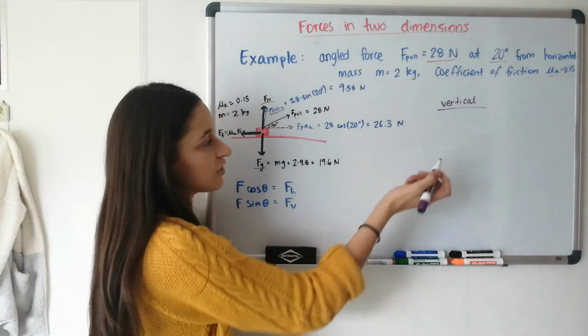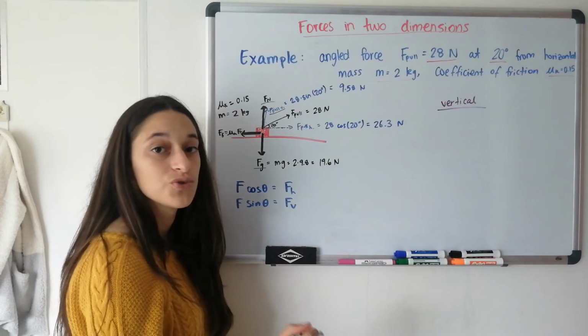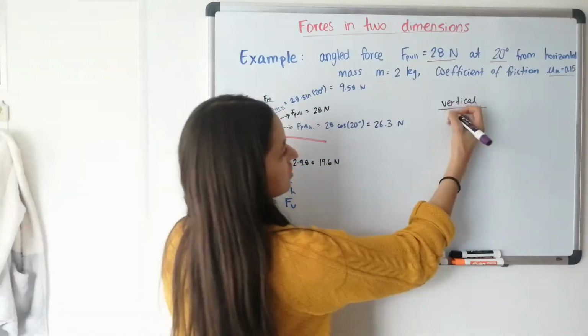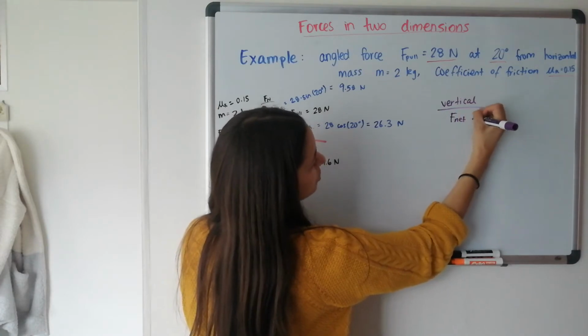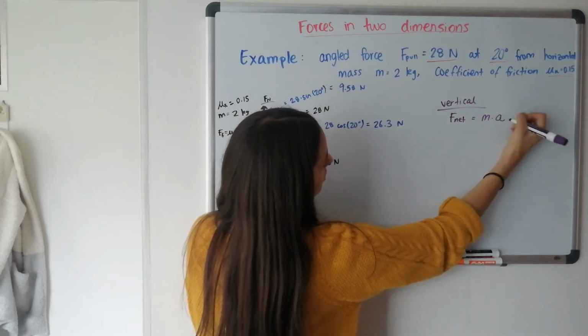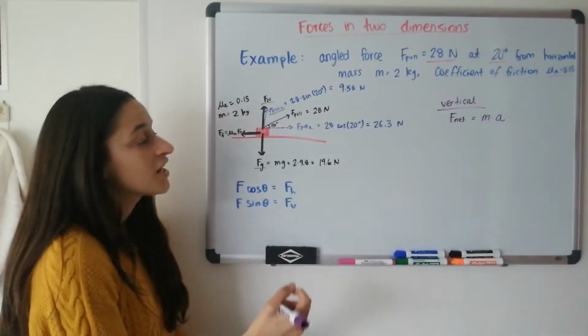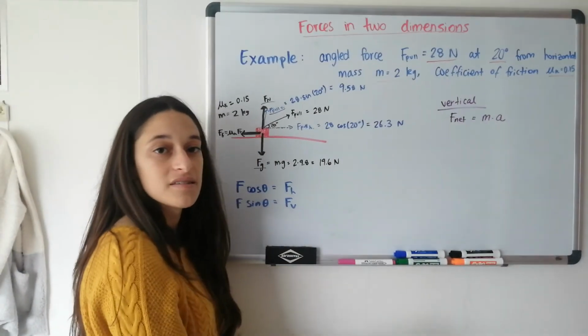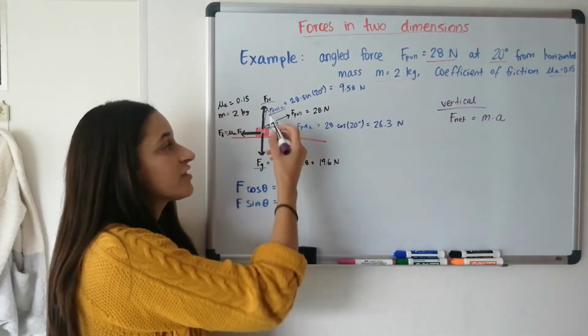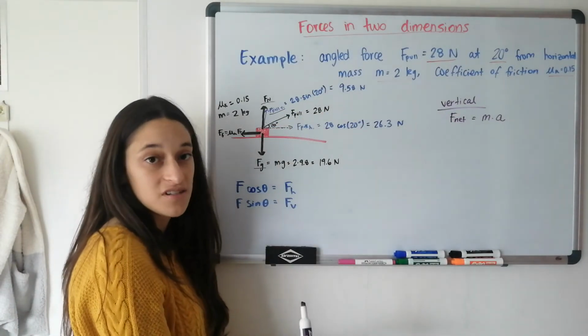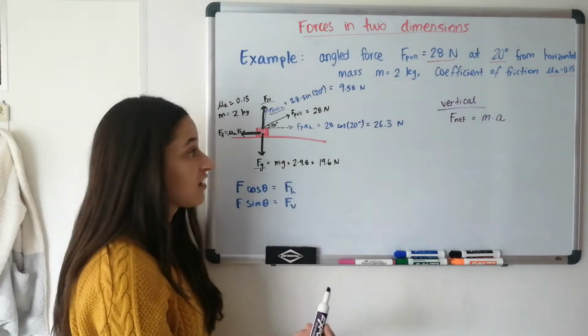For vertical and horizontal both, we're going to use Newton's second law: the sum of forces, or the net force, is equal to mass times acceleration. The net force is the sum of all forces taking into account their direction. Everything that goes upwards is positive, and what goes downwards is negative.